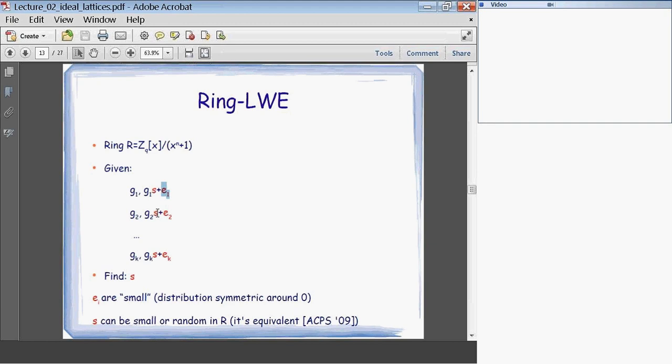And the second is the secret polynomial. This S is related to the secret key that's involved in crypto schemes based on Ring-LWE. There are a couple of different ways to generate that polynomial. It can be selected as a random polynomial, or it can be generated the same way as a noise term. We'll discuss those differences. Mathematically speaking, they're equivalent.